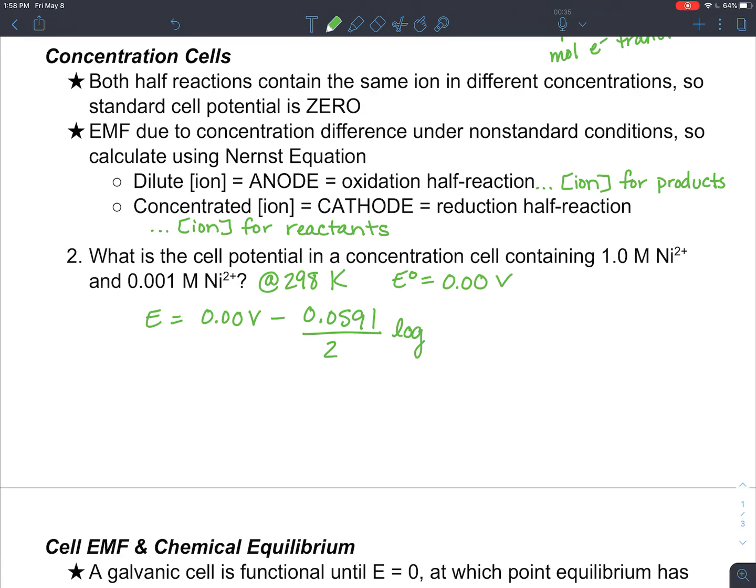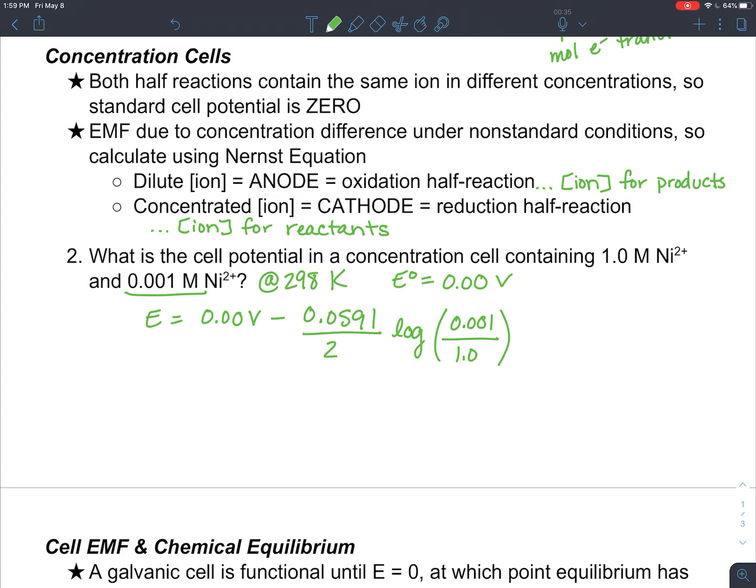And that's why we have to know which one is the products and which one is the reactants, because we know we're going to have products over reactants. And so that means the smaller value is going to go on the top, this one here. So 0.001 molar is going to go on the top over 1.0 molar on the bottom.